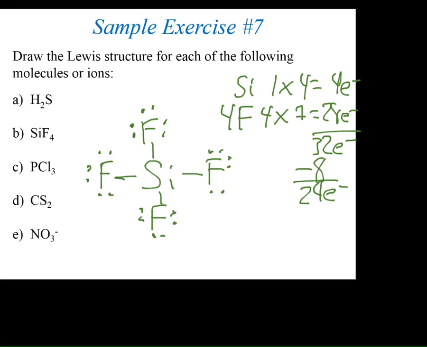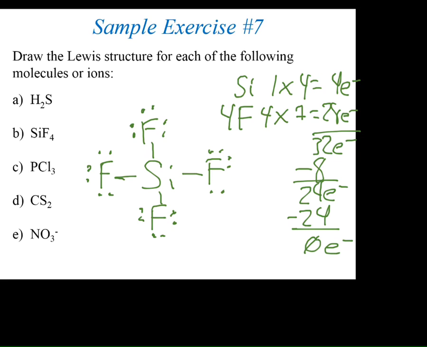Okay, I gave them all 6. So now they each have what they want. They have 8. How many did I just use up? 6 times 4, I used 24. I've got 0 left. Amazing how that works out.